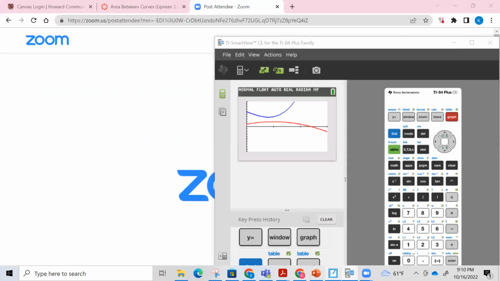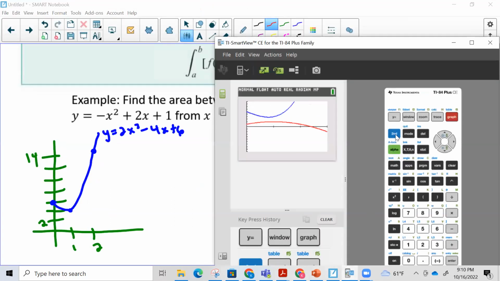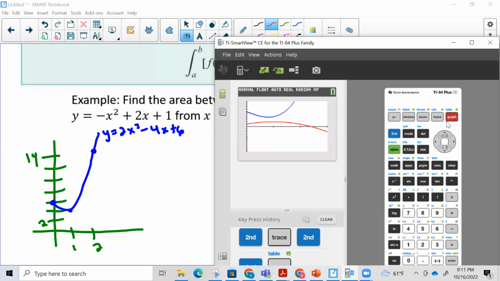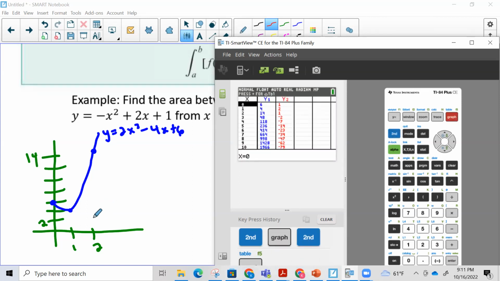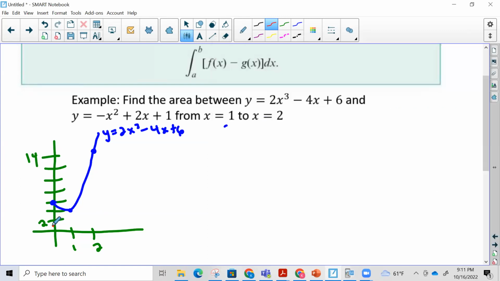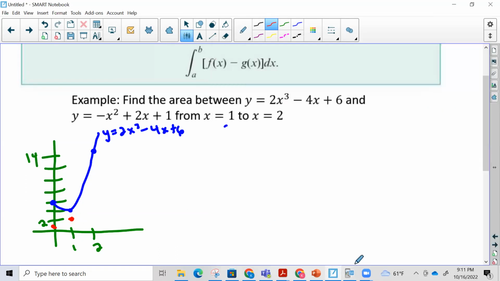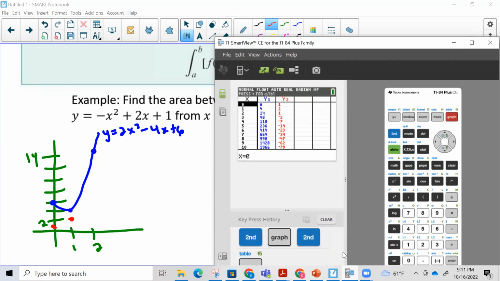Okay, my second curve is this red one. Second, again, table. Then you can see it. So it's (0, 1), which would be here, (1, 2), and (2, 1).